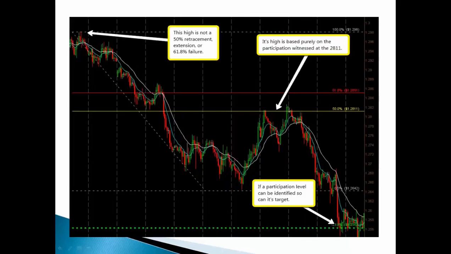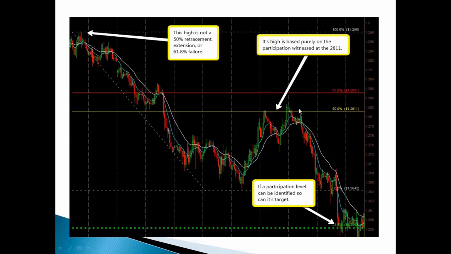Let's give an example here of an observation. This high here, it's not the 50% retracement, it's not an extension, it's not a 61.8% line failure. It's a random high, but based on an observation, we can see that the 28.11s have been sold into. As it's retested, we can see more participation.